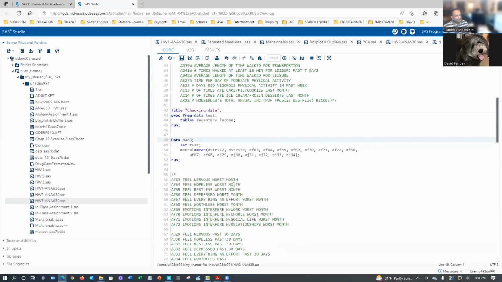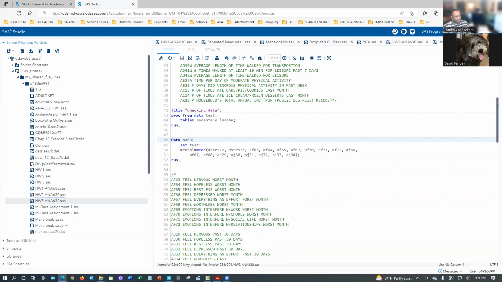Okay, good. Then I prepared another variable. Look at this variable. Everything related to the mental situation, all that related to mentality, I put into one place. I got the average of all these.